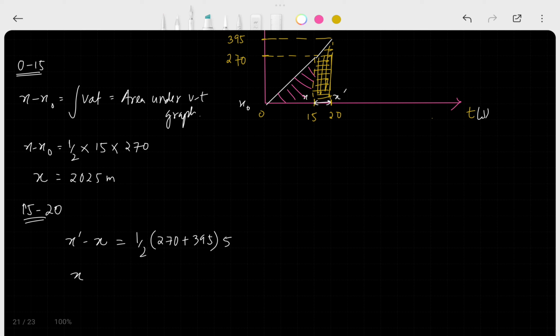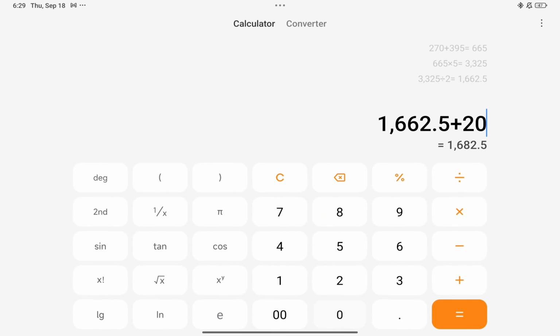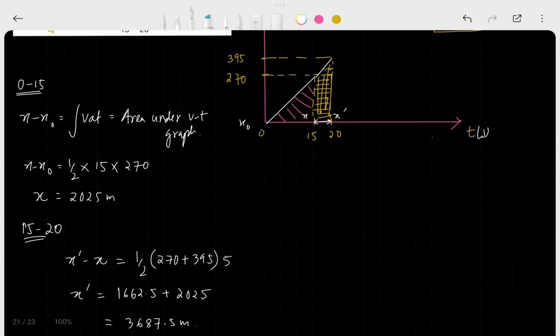If you calculate, you will get 1662.5. Plus x, which is 2025, you will get 3687.5 meter.